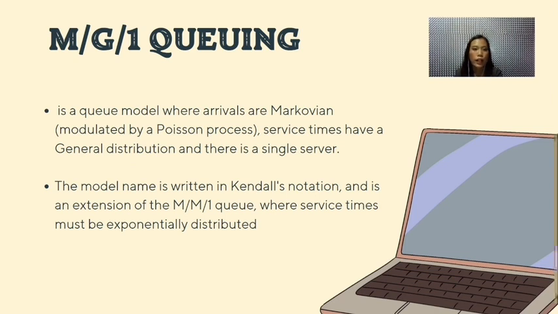So that's why the M/G/1 model is a helpful tool to ensure that they serve quickly and efficiently and respond to the demands of their clients in a timely and cost-efficient fashion.